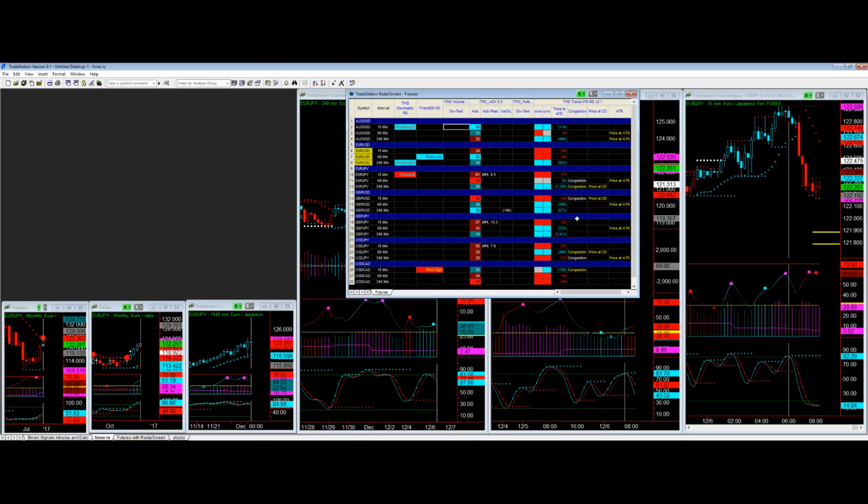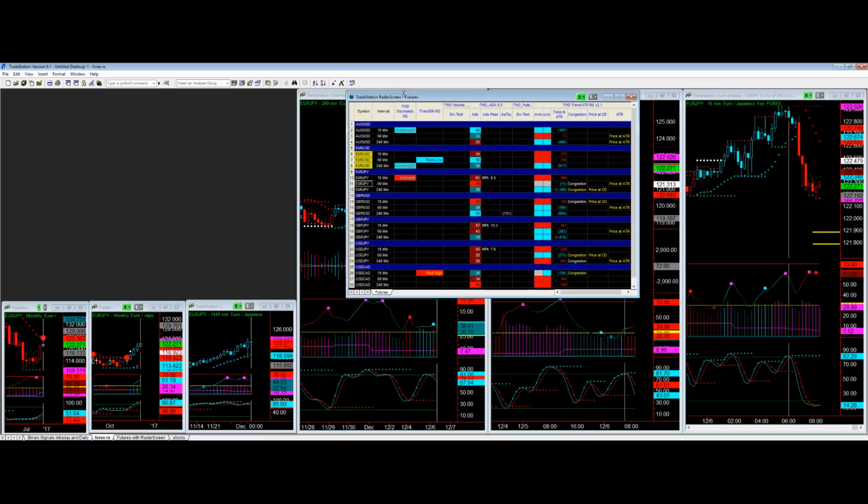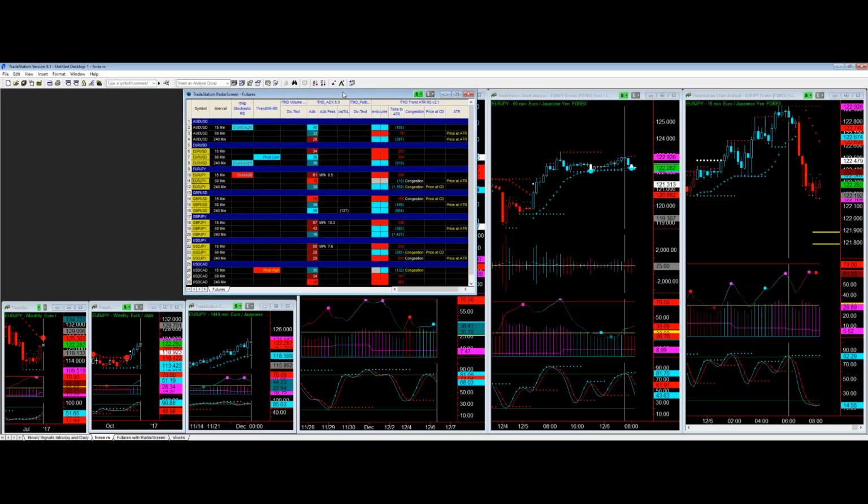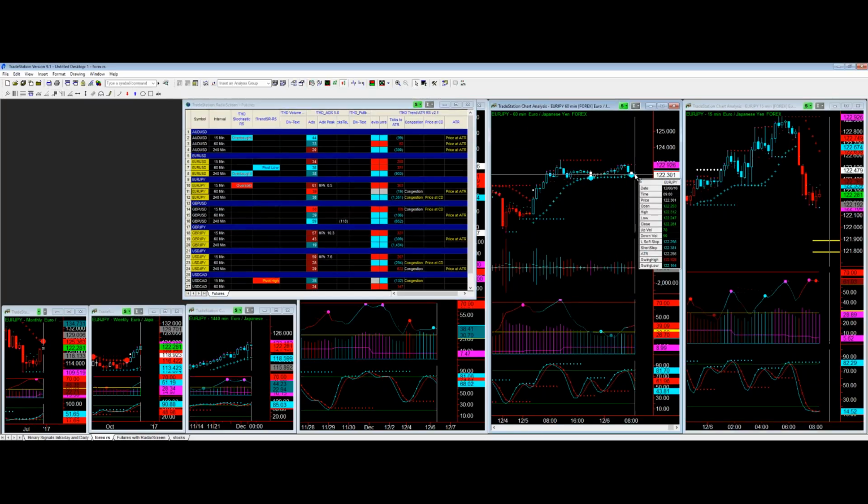I can identify when markets are in congestion. So for example, on the euro yen 60-minute chart, you can see that we're at the ATR. This has gone slightly below the ATR, and that's the reason it's picking up a congestion area. That means that there was a dot plotted underneath here.